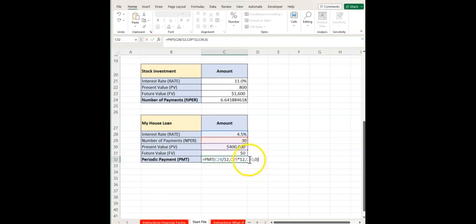And again, I'm going to insert the negative sign right over here and hit enter. Now what I can also do is, instead of entering the future value as 0, I can reference the cell C32. So this represents my monthly payment.